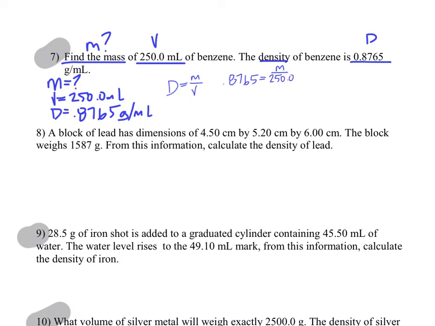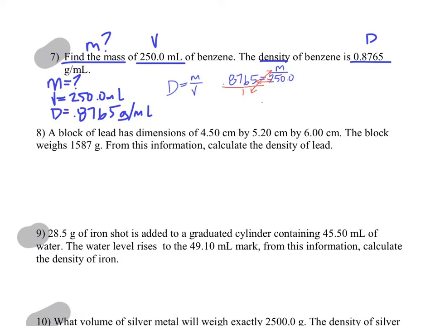Okay, so like the previous problem, I've got mass in the numerator on the right side, and it's part of a fraction, so I want a fraction on the left and the right. So the easiest way to do this is to put this over 1. So now that I put that over 1, I can essentially cross multiply. So multiply 0.8765 times 250 and 1 times m.